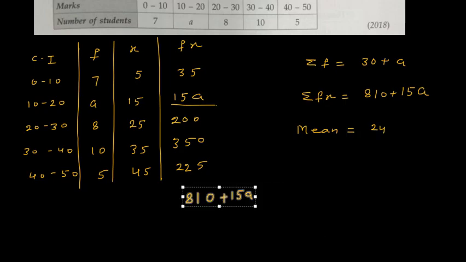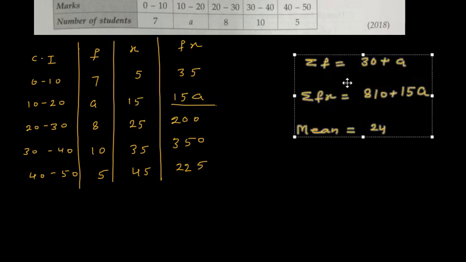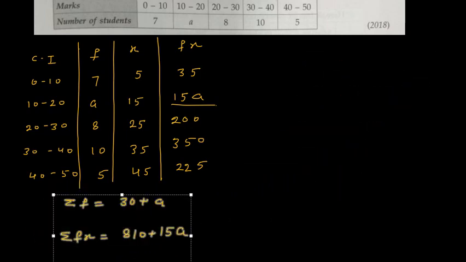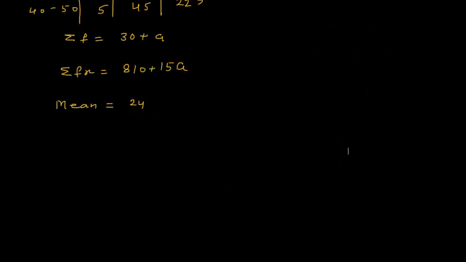So these values are given. Better write these values here. Okay, then we know the formula. Apply the formula. Mean is equal to summation of fx upon summation of f.